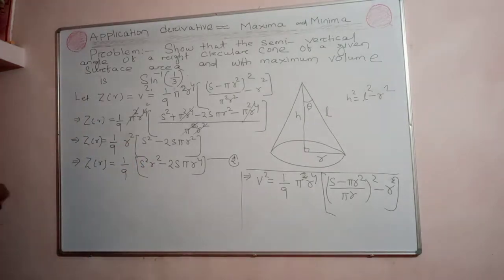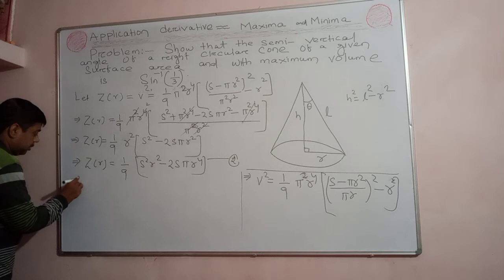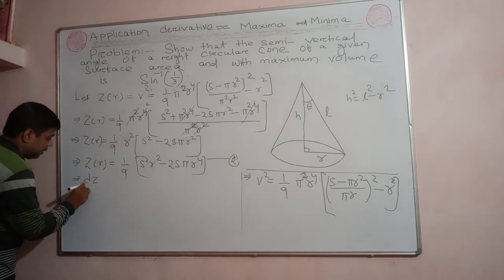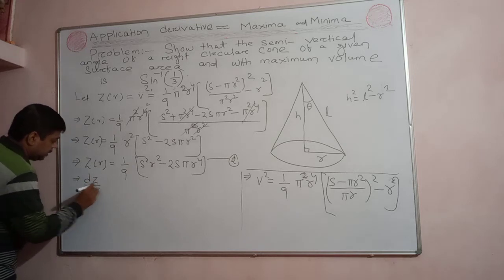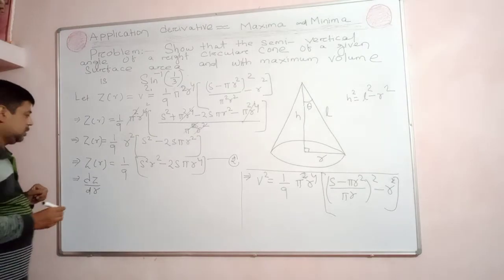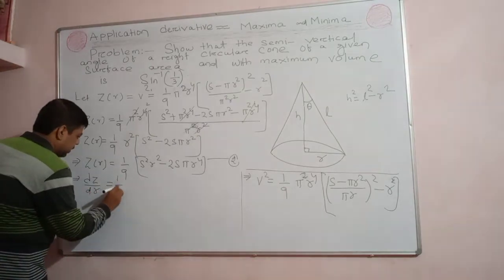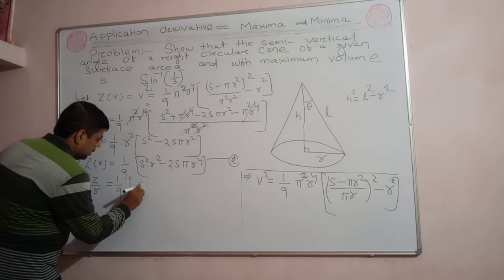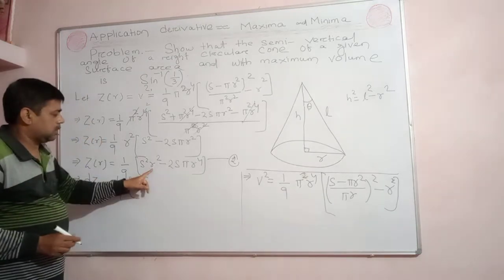Right. Now let us find the derivative. We have to find out the first order derivative dz by dr. Find the differentiation of z with respect to r. So whenever we find that, it will be 1 by 9, and s square, r square derivative is 2r.